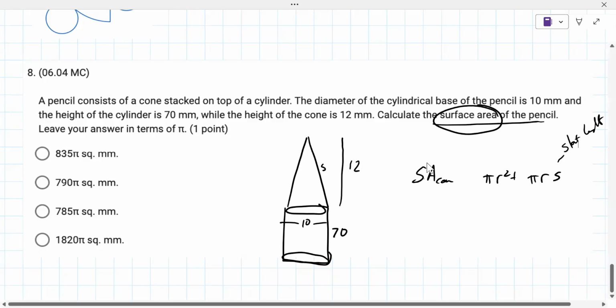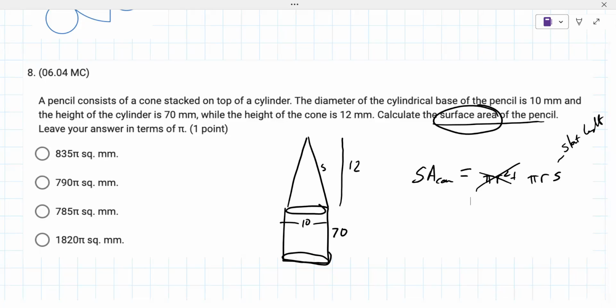So in this case, the pi r squared is the bottom, but we don't have the bottom because it's already attached to here.